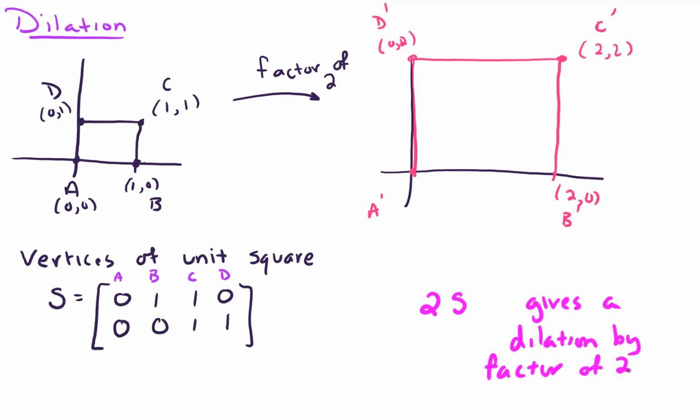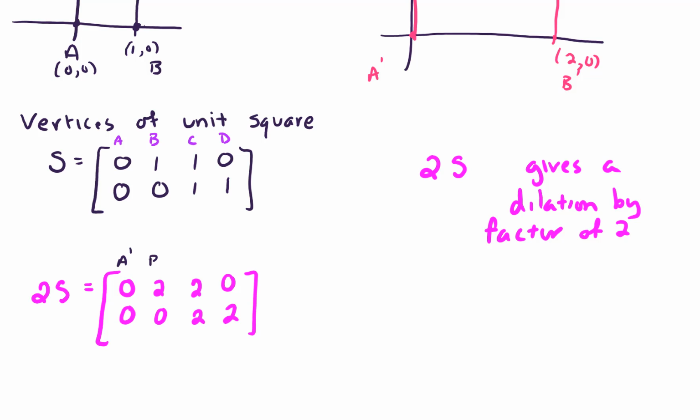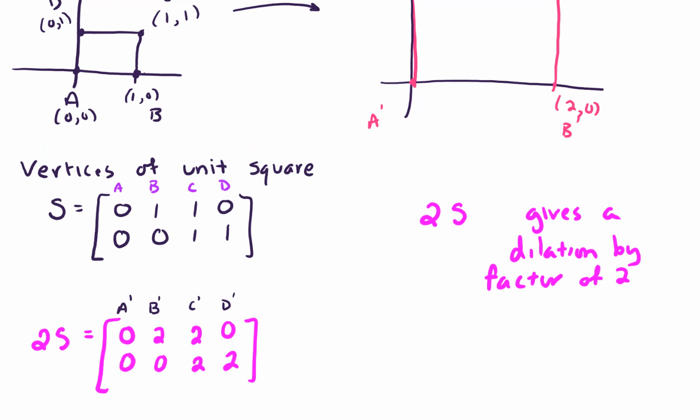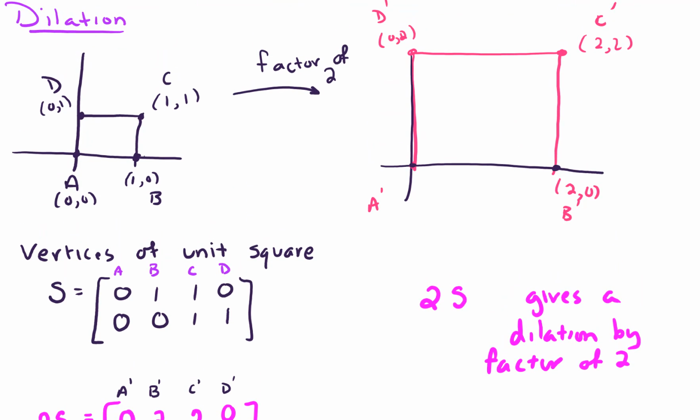And we can see that coming out of the matrix calculations, because if we did 2 times S, that would just be multiplying each entry by 2. So that gives us our A prime, B prime, C prime, and D prime. It gives us those new vertices, and we see those coming out as the vertices in our square when we looked at the geometry of this problem.